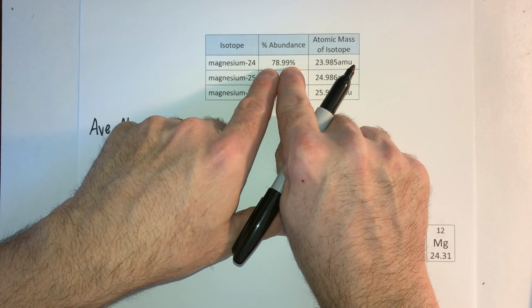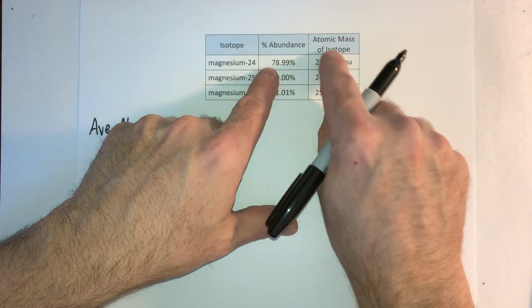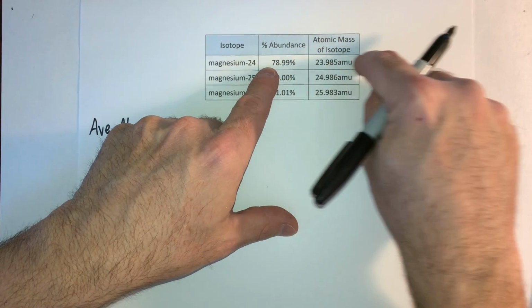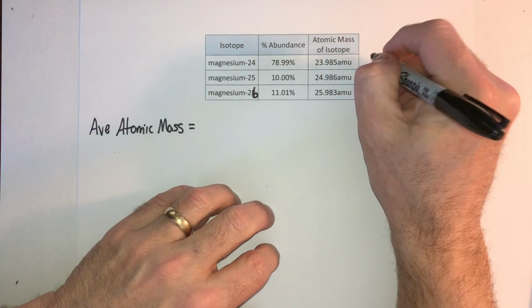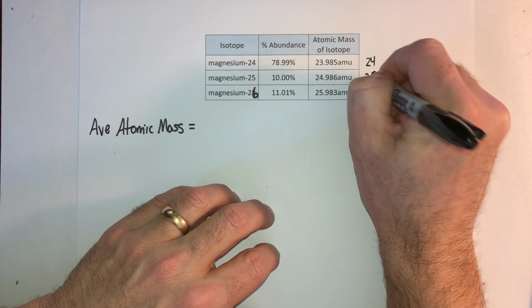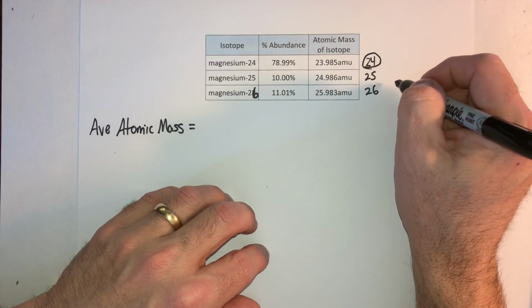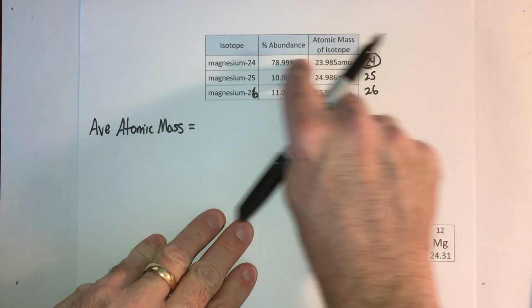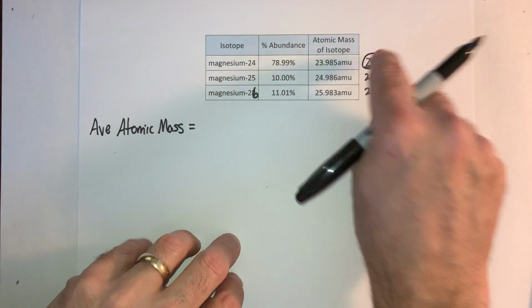Well, what's going to dominate your mark? Your tests, because they're worth so much. So out of these three numbers, the one that's pretty close to 24, that's the one that's going to dominate. So when I take an average of 24, 25, and 26, my average is going to be very close to 24 because most of it has a mass of 24. Like 80% of it has a mass of 24.